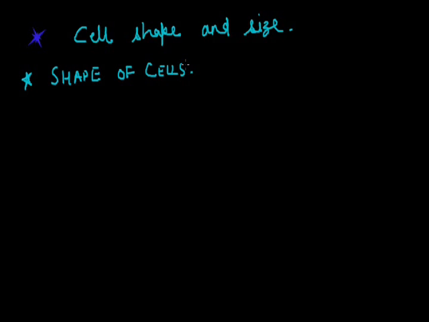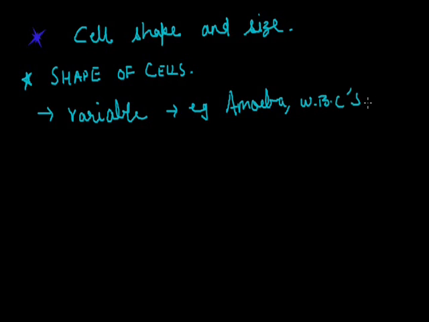The cells have different kinds of shapes, and in certain cells, the cell shape is variable, that is, they are irregular in shape. For example, in amoeba, WBCs, etc. They do not have a definite cell shape, but certain other cells have a fixed shape, and they may be flattened.